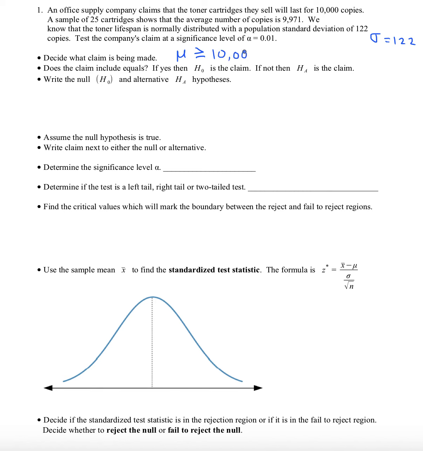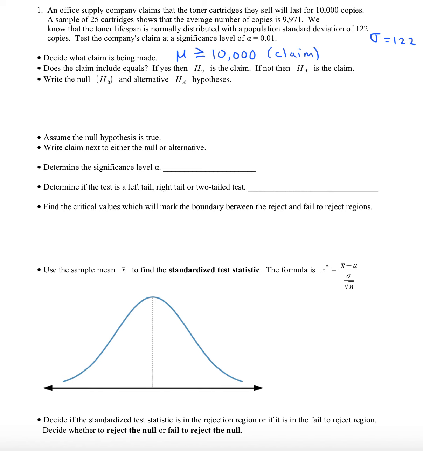That's their claim. If it lasts longer than 10,000, then both the company and the consumer are going to be happy with that situation. If the toner dies at 10,000 copies, then that would be fine as well. They told the truth about what they advertised.